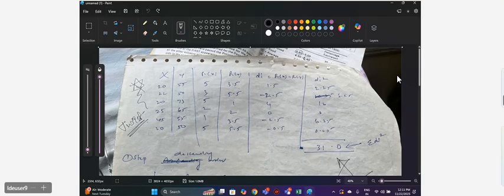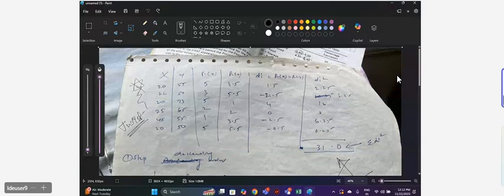So which value is getting repeated? 20. Good. 20 is getting repeated in X. Listen very carefully. That's the first thing. Second thing, for your correction factor, there is a formula: m cube minus m divided by 12.